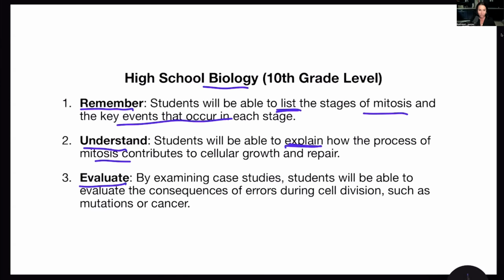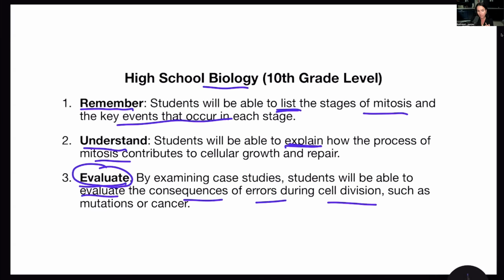And then number 3, now we're moving up that Bloom's taxonomy into critical thinking. Evaluate tells me critical thinking. By examining case studies, students will be able to evaluate the consequences of errors during cell division. Now, this one is much more complex. They're going to read case studies and they're going to evaluate what happens when there are errors in cell division.